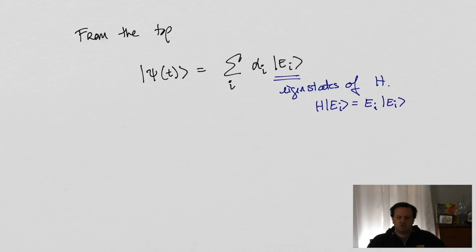So let's try to do this as generally as we can, and I think I can argue for these couple of steps if I only assume that I have a discrete and finite-dimensional Hilbert space.